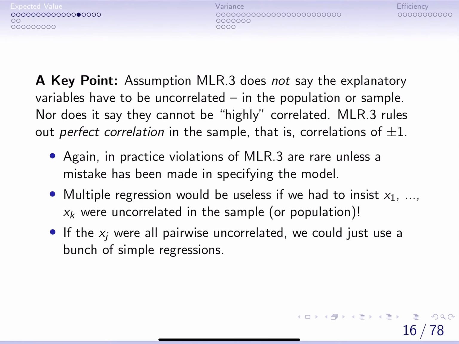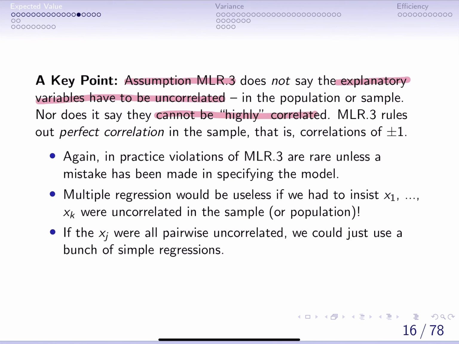Just to recap, we are not saying in our assumption MLR3 that the explanatory variables have to be uncorrelated. They can be correlated. All of these explanatory variables can be correlated in the population or in the sample. The assumption also doesn't say that they cannot be highly correlated. Even that's allowed.